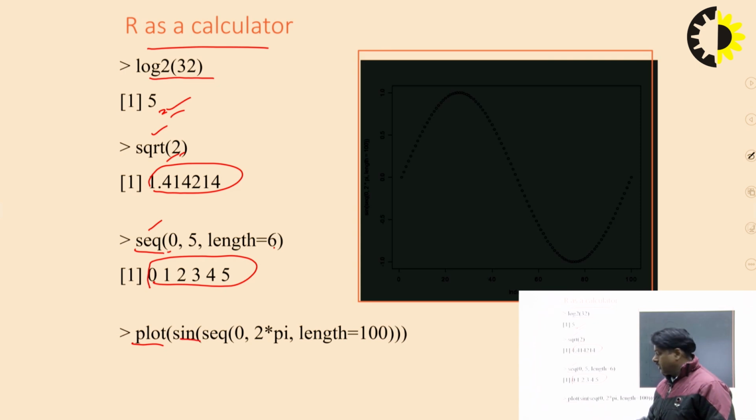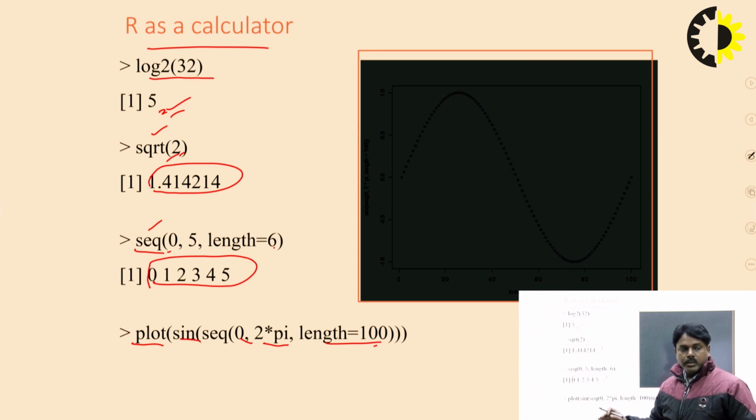This sine is a mathematical concept which gives certain values, and here a sequence of numbers has been given starting from 0, and the value ends at 2 pi. This is starting from 0 to 2 pi, and length 100 is given here. That means these values can be stored in an array, and the length of that array will be 100.